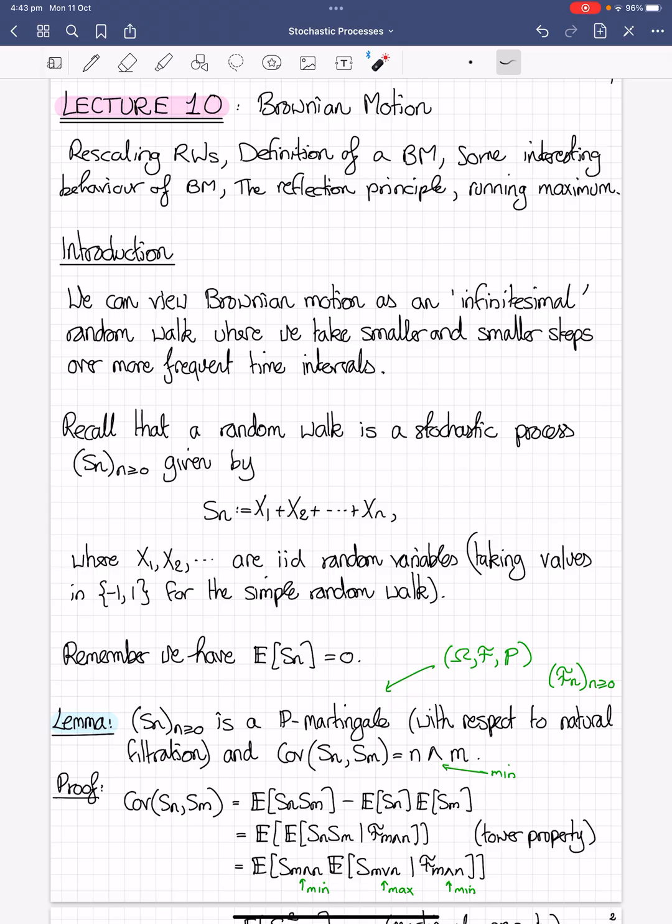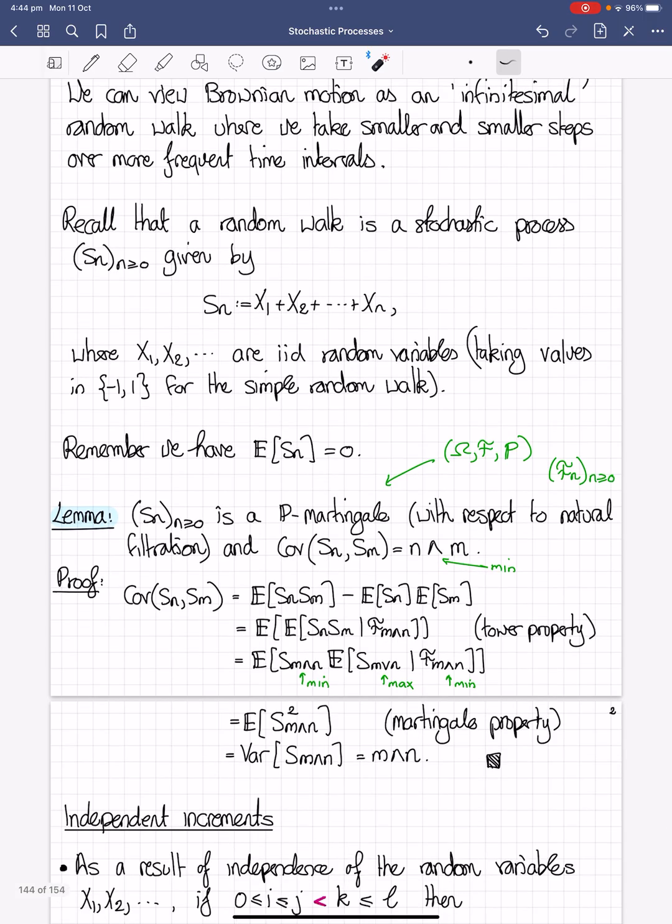So let's just think about a random walk. As we've seen before, a random walk is this process Sn, which is given by the sum of these increments, X1 up to Xn. The increments are IID, and we've typically seen the case where the increments take values in -1 or +1.